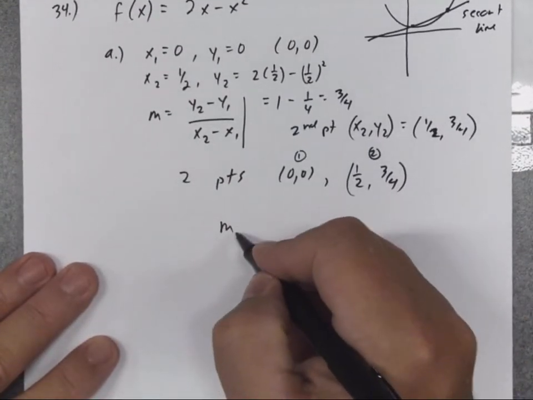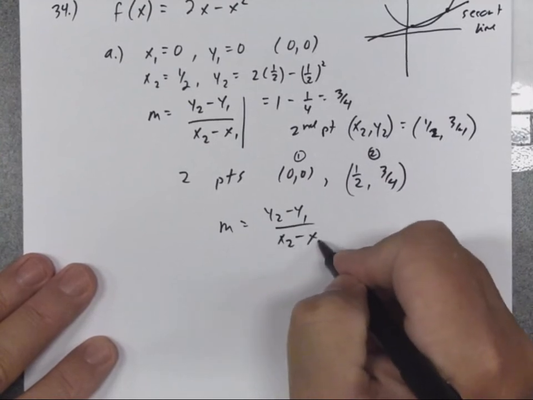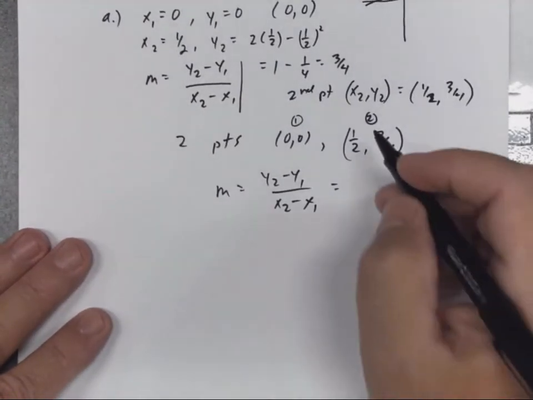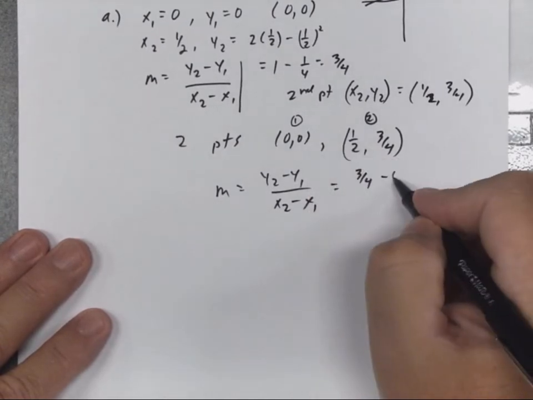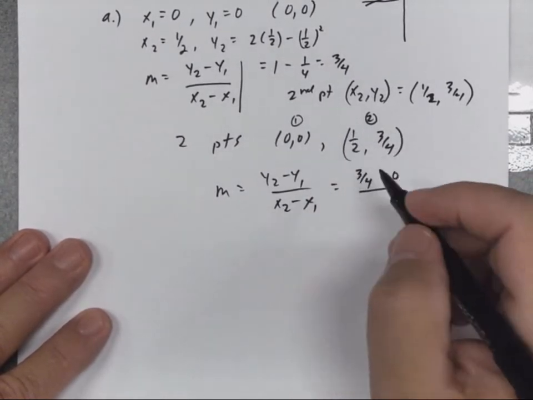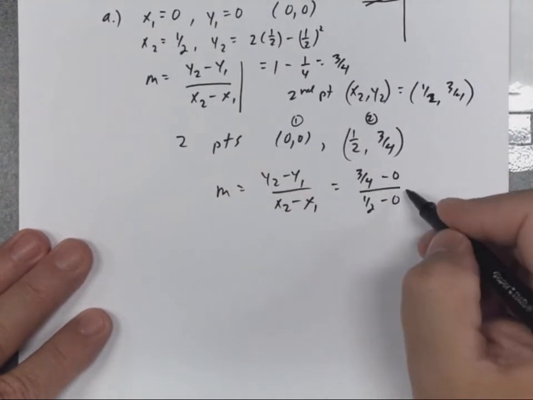So I use my slope equation. y2 is 3/4 minus y1 is 0, over x2 is 1/2 minus x1 is 0.